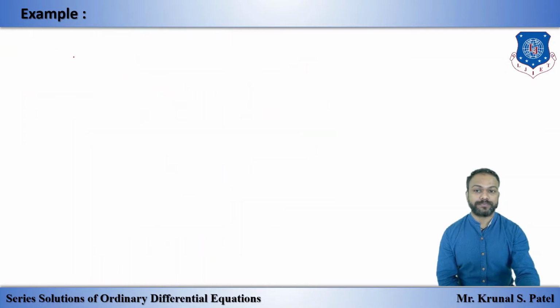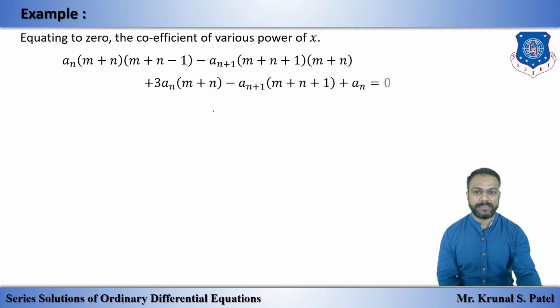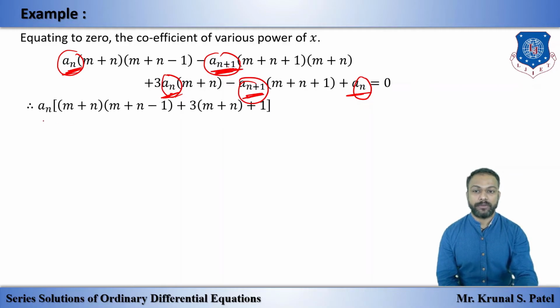So equating the coefficient of various powers of x, we have this term equal to 0, and now from this we have a n plus 1, and a n plus 1, and a n. So we will make a n plus 1 the subject. Here we can take a n common, and a n plus 1 common, but since a n plus 1 is larger than a n, we will make a n plus 1 the subject. So we have these two terms.